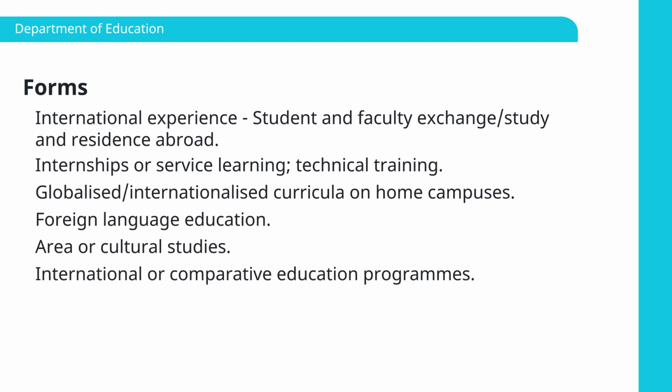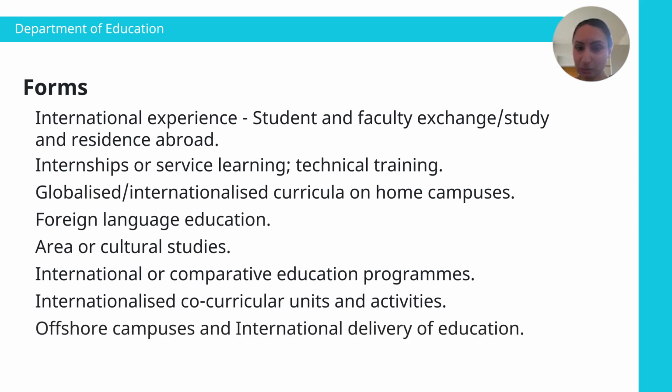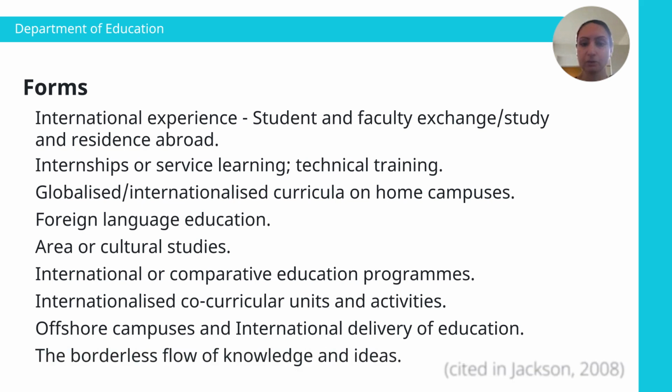So IEG maybe could be argued as some kind of, in this area. There's also other programs. For example, for my master's degree, I did a master's in comparative and international education at the University of Oxford. Internationalised co-curricular units and activities. We've already mentioned offshore campuses, such as the ones Nottingham have, and international delivery of education. And this idea of a borderless flow of knowledge and ideas. So there's various forms that internationalisation can take.